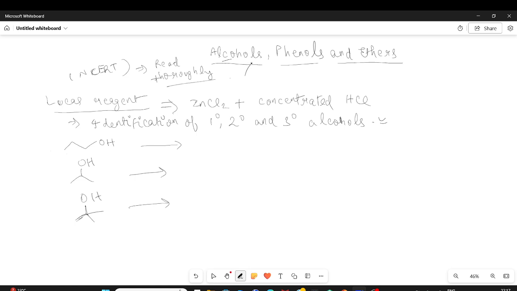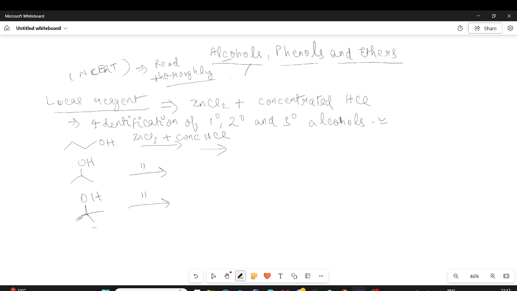So you give the same reagent, Lucas reagent, that is zinc chloride in concentrated HCl. You have provided the same reagent in these two also. So what happens, preliminarily, I will tell you.